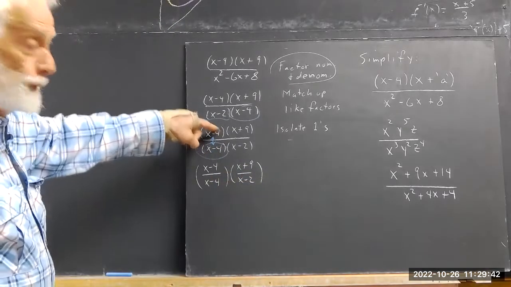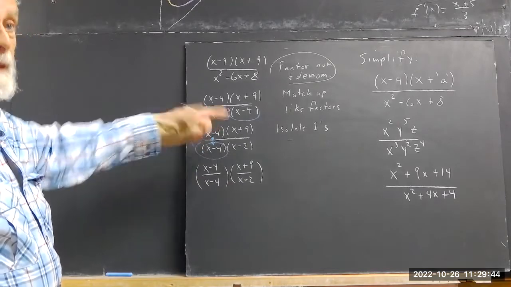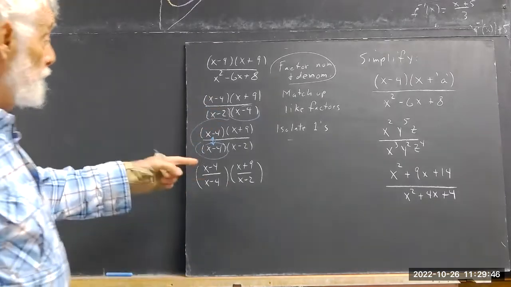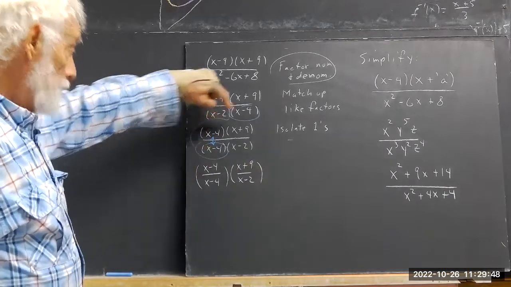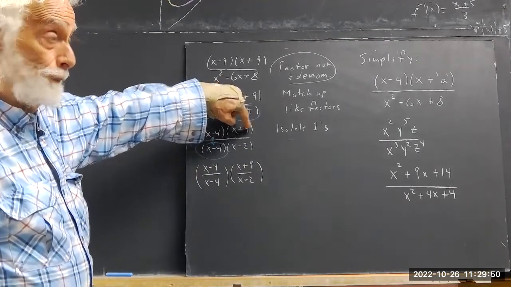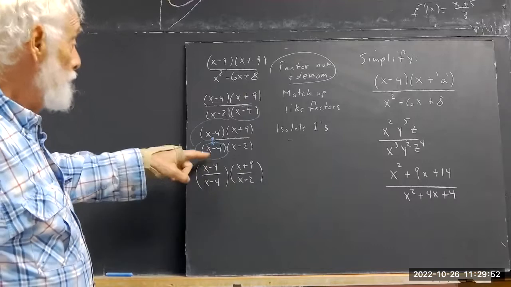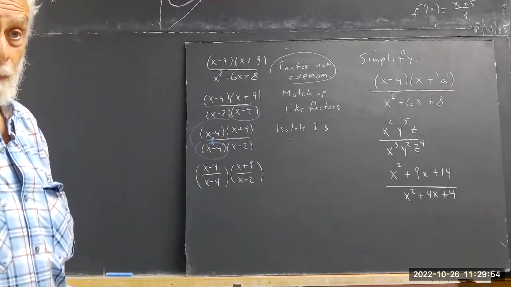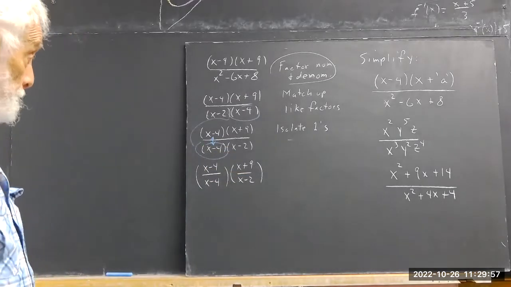Okay, why is this the same as this? Because of the rule for multiplying fractions. If you multiply the numerators, you get x minus 4 and x plus 9. If you multiply the denominators, you get x minus 4 and x minus 2. Okay.